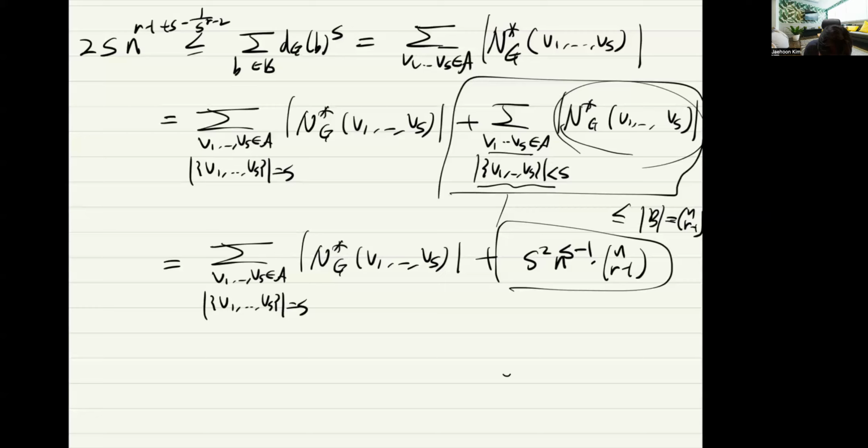But what do you know? It's n to the s plus r minus 2 times s squared over r minus 1 factorial. And we assume that n is bigger than s squared.